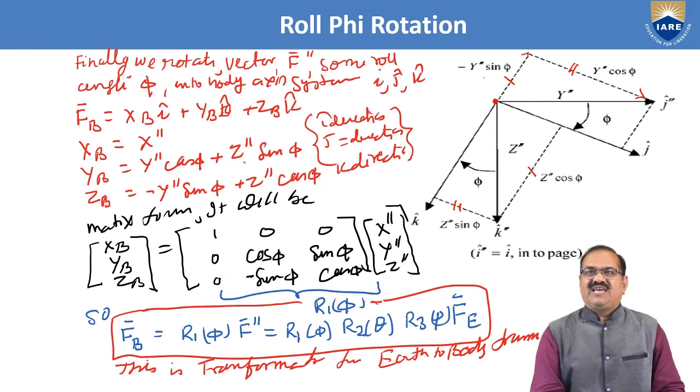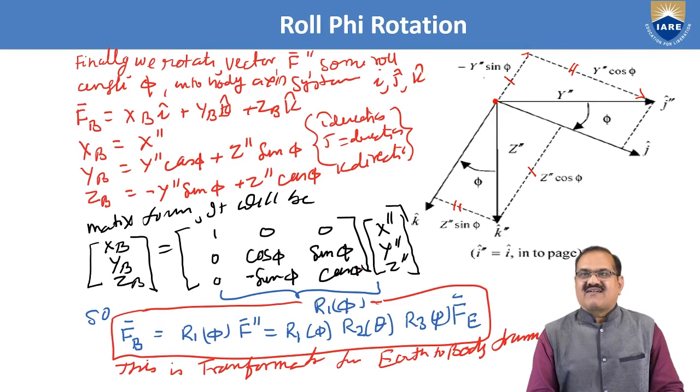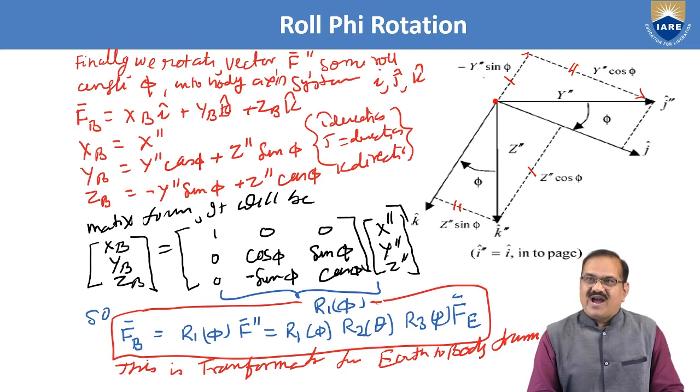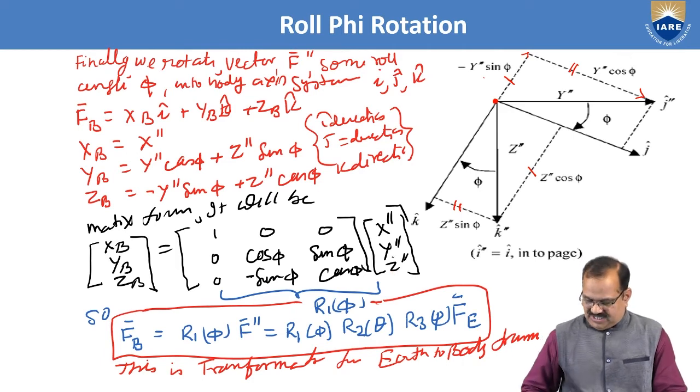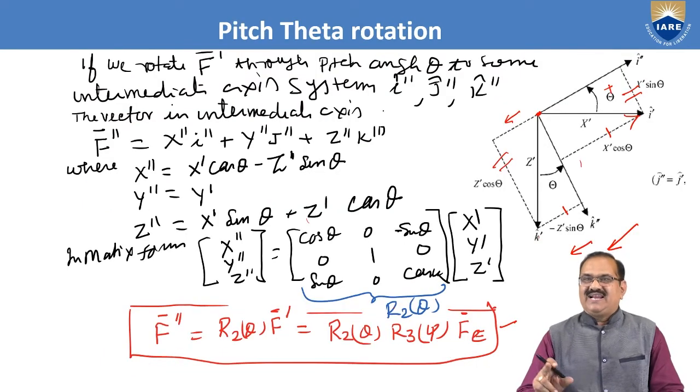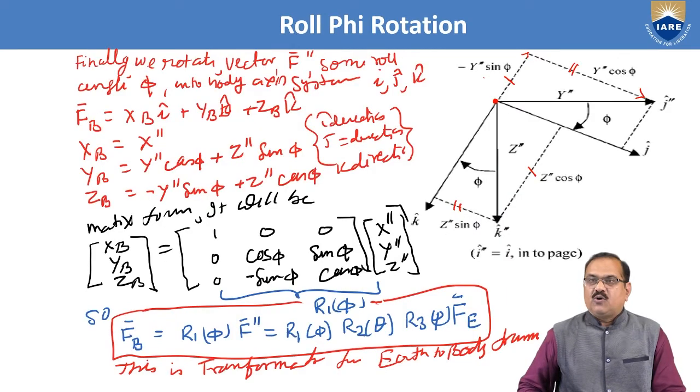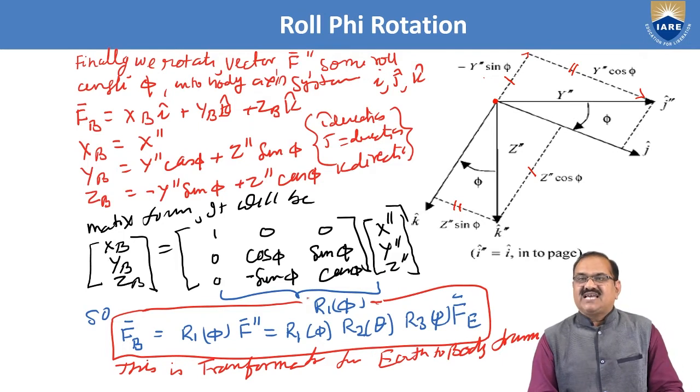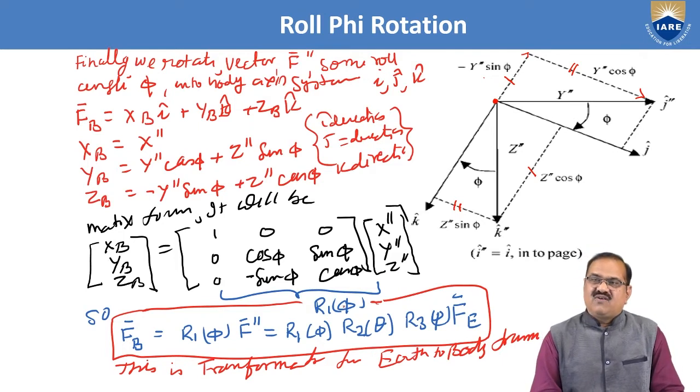We will get cos phi sin phi, here minus sin phi and cos phi, times x double prime, y double prime and z double prime. So we know that x double prime, y double prime and z double prime, if you see the previous slide, is R2 theta, R3 psi, Fe. Okay, this value if we put here, and this is R1 phi.